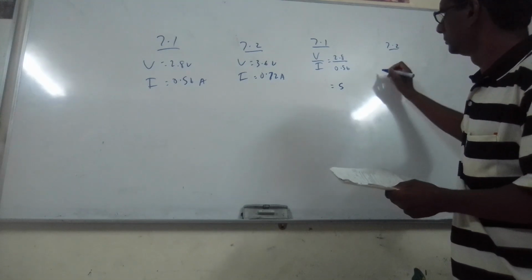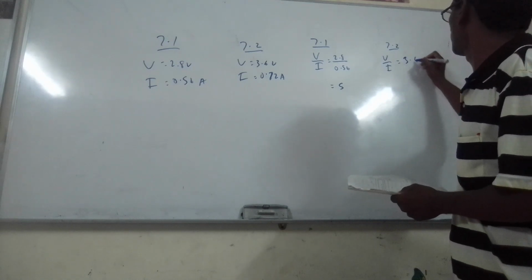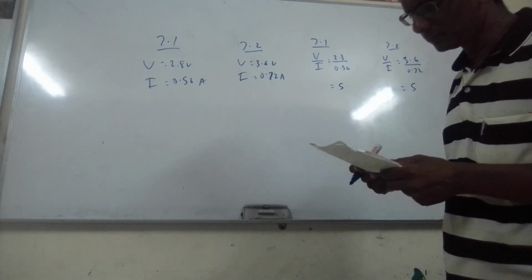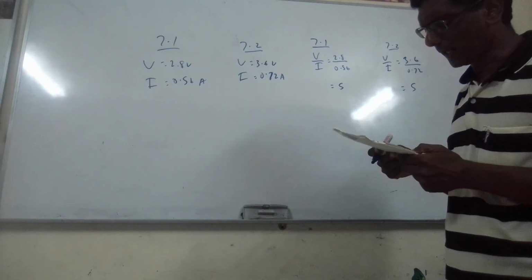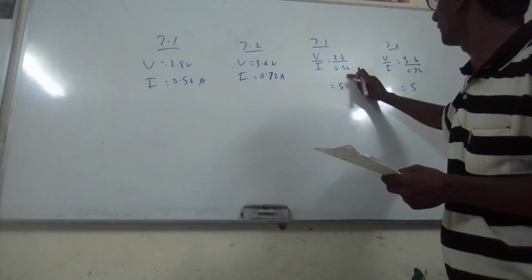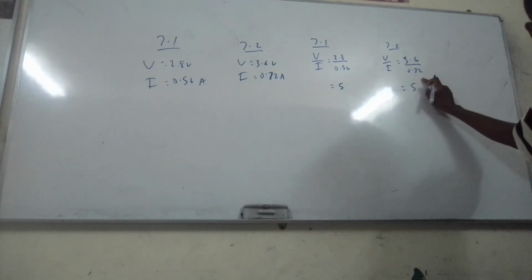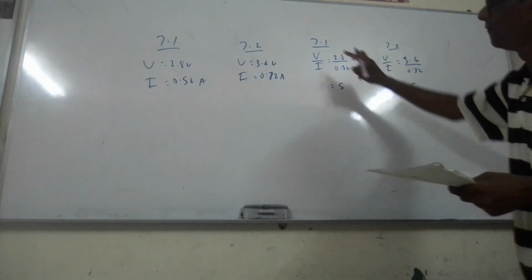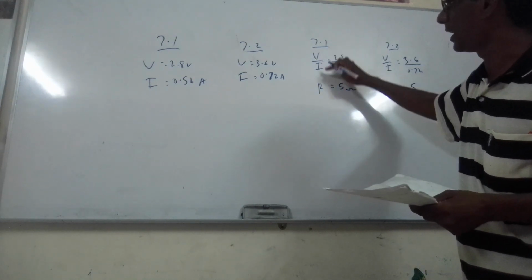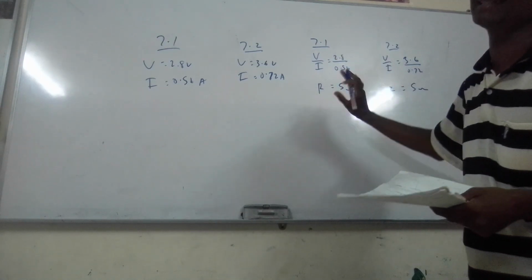In 7.2, V over I also: 3.6 and 0.72, so it equals 5. 2.8 divided by 0.56, and 3.6 divided by 0.72, equals 5. V over I equals R, resistance. R equals 5 ohm. So the resistance is equal.